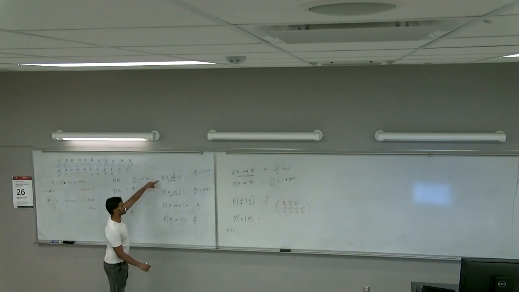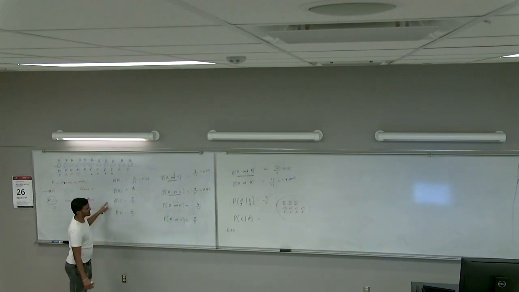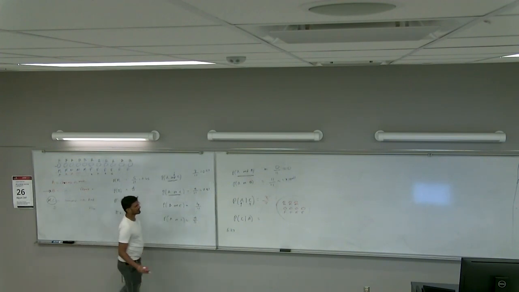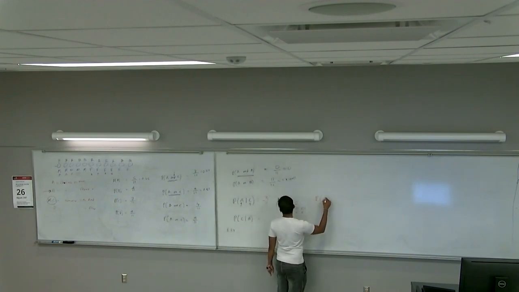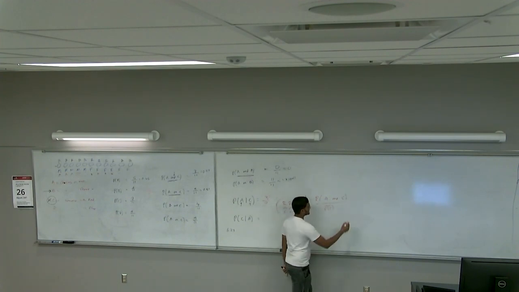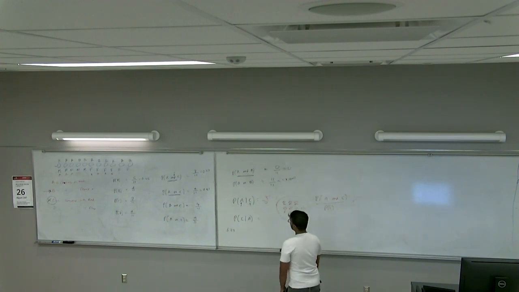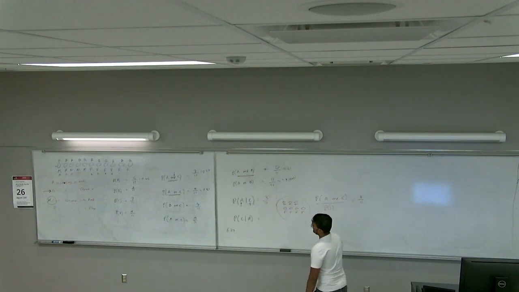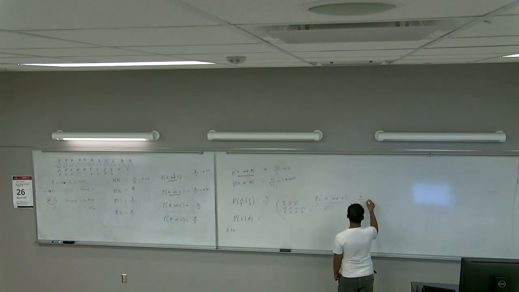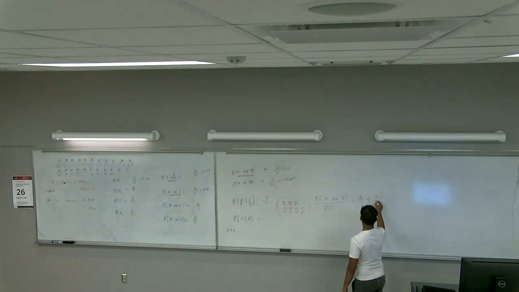You have to divide this by this, so that's the probability of A and C divided by the probability of C. The probability of A and C is 3 by 11, and you have to divide it by 7 by 11.